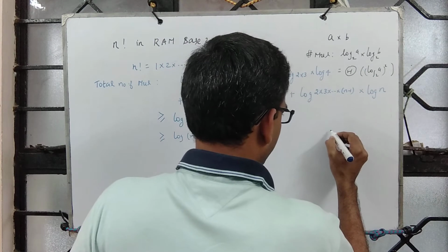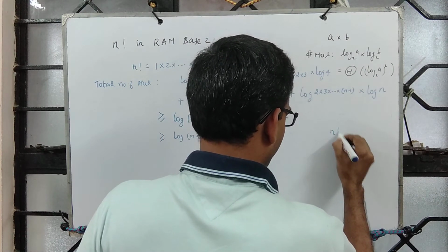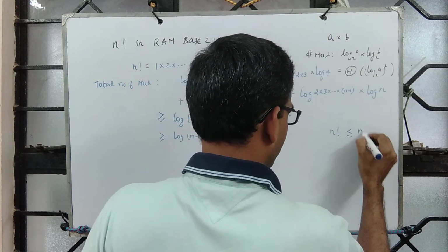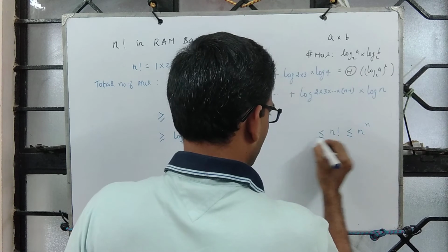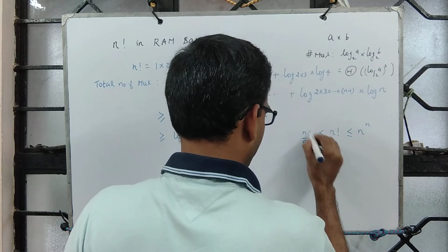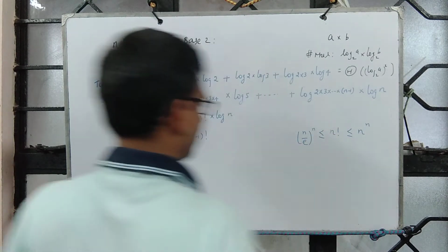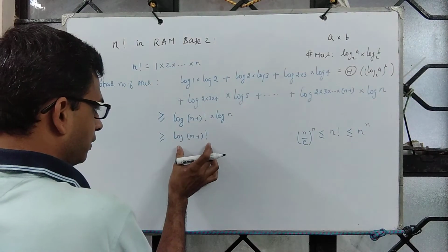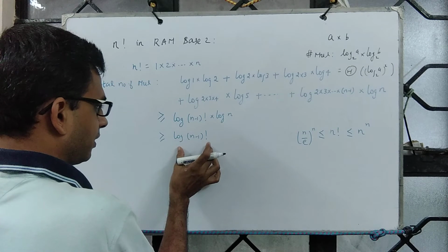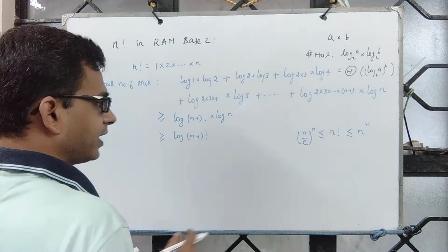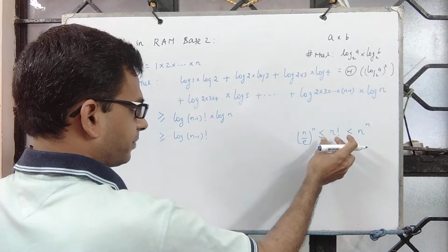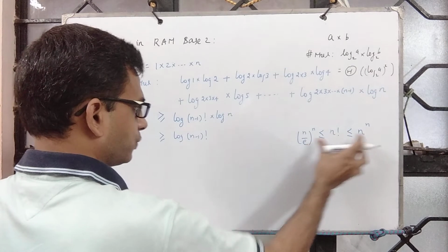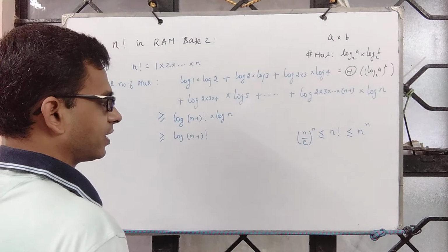Please note that n factorial is upper bounded by n power n and lower bounded by n by e to the power n. Fine. So you can see that this is packed between these two items, right?